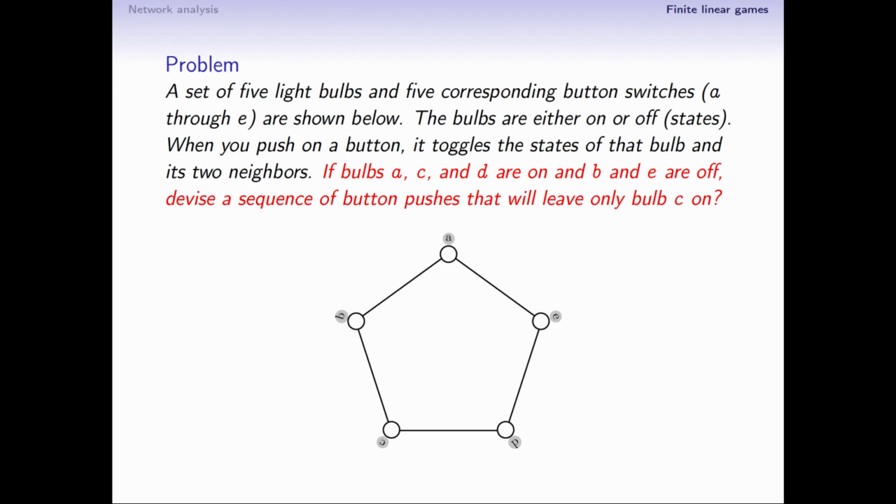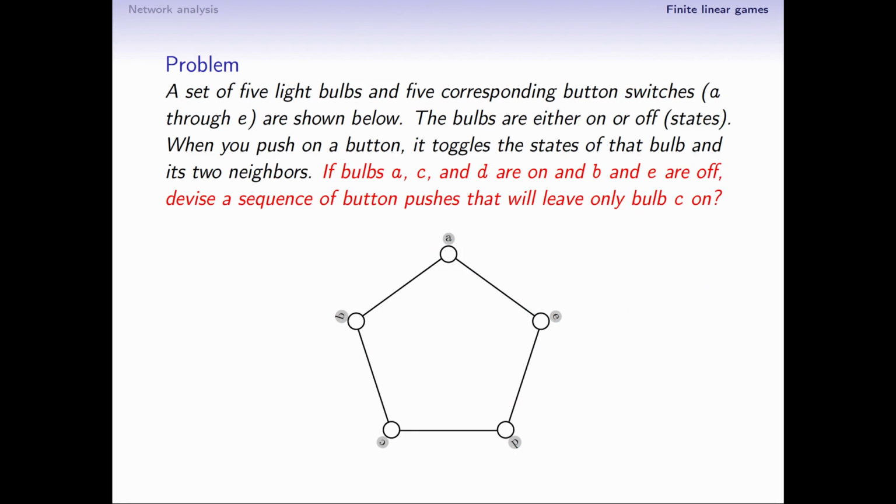So how would you describe a set of buttons that you could push in some order that would change the system from on, off, on, on, off to off, off, on, off, off? So how could we do that?